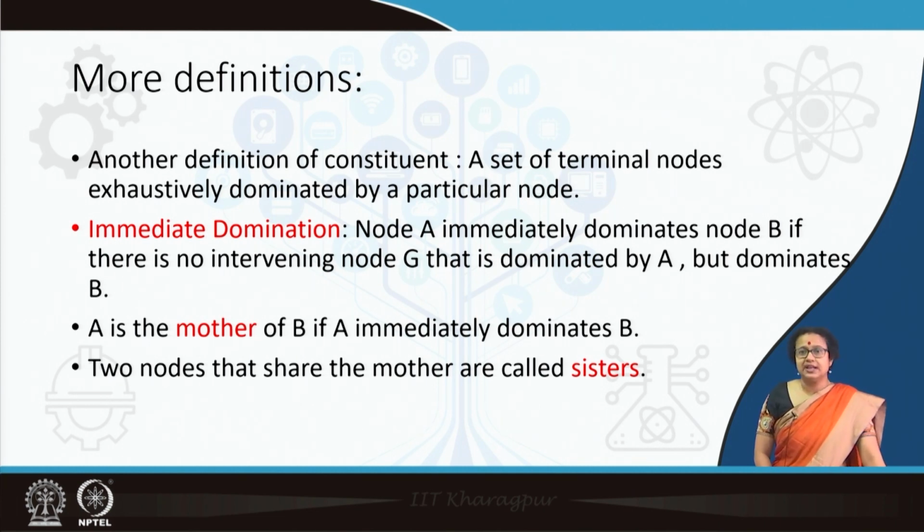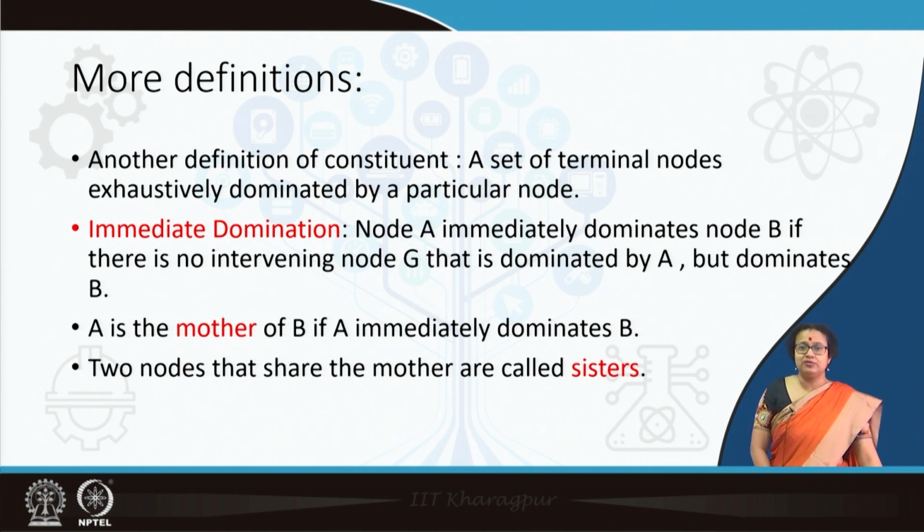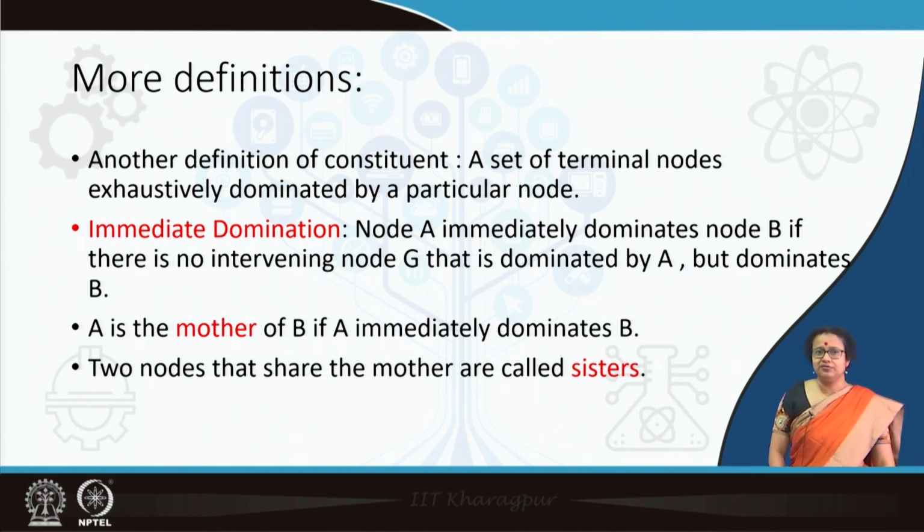And let me also tell you that we often use these terms mother and sister, for example, like a family tree, to talk about certain relationships. So, we can say, for example, A is the mother of B if A immediately dominates B. So, you know the definition of immediate domination now, and we do use the term mother in case of immediate domination only.